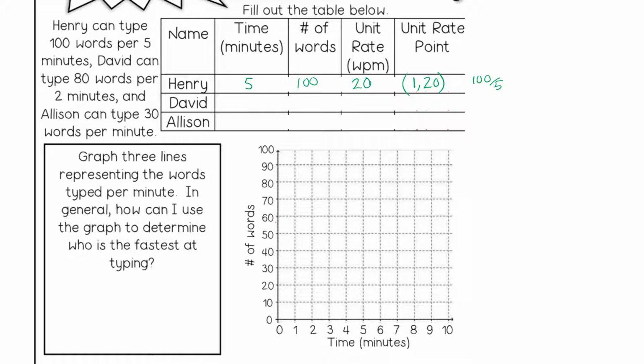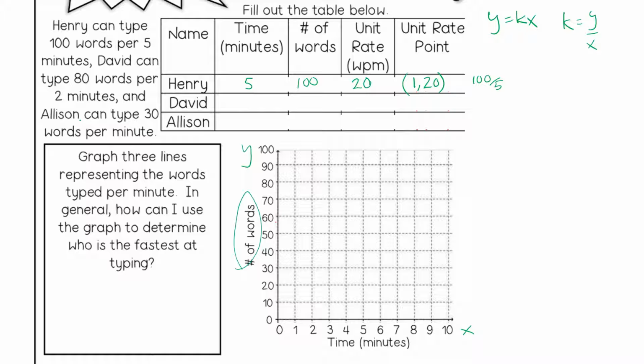I'll explain that one. So remember that the unit rate is k. So remember our y equals kx, and k is equal to y over x. As we can see on our graph, the number of words is the y-axis, and the time is the x-axis.